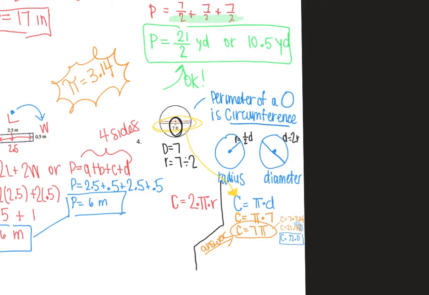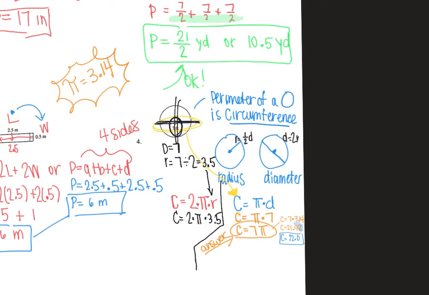So when you find the radius, you're going to do 7 divided by 2, because again, I'm taking this whole thing and I'm cutting it in half, right? So 7 divided by 2 is 3.5. So what I'm going to do down here, I'm going to plug that in, and I get 2 times pi times 3.5. And again, remember that pi is just a number.